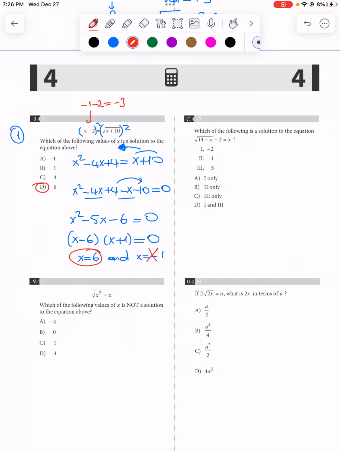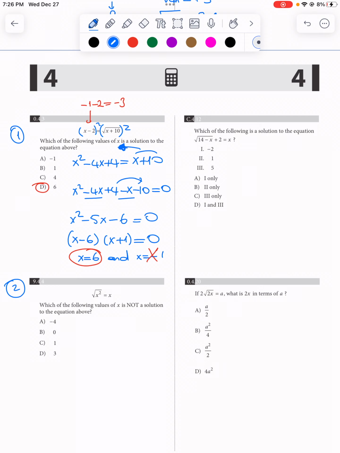Next question, question 2. This is simple, guys. The square root of x squared is equal to x. Which of the following values of x is not a solution to the equation above? So we can just work with the answer choices.